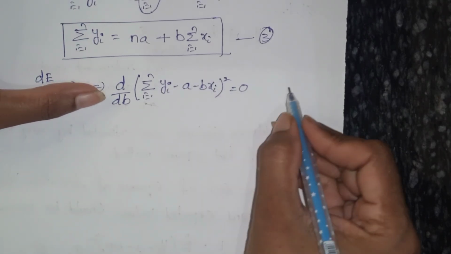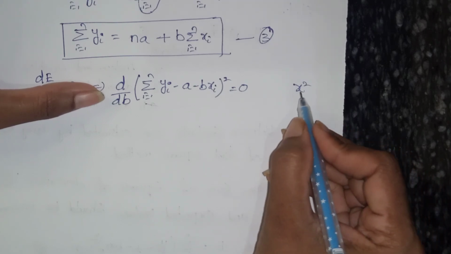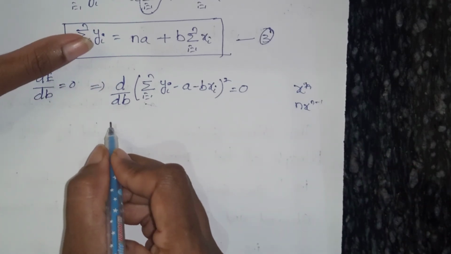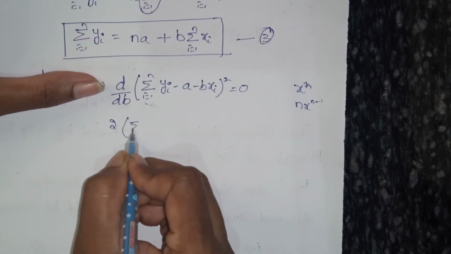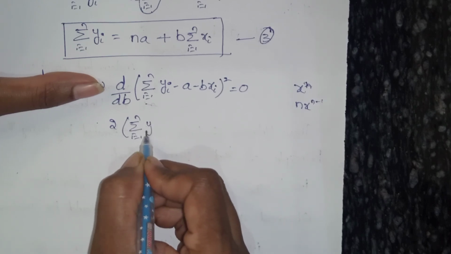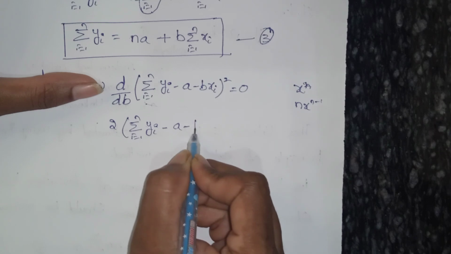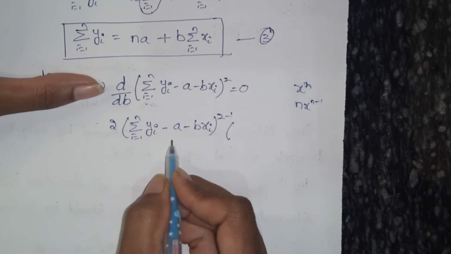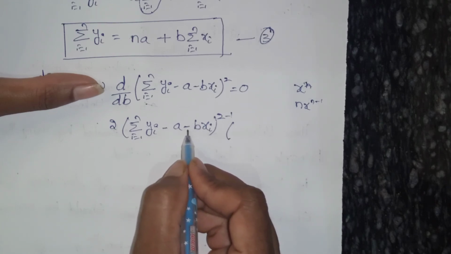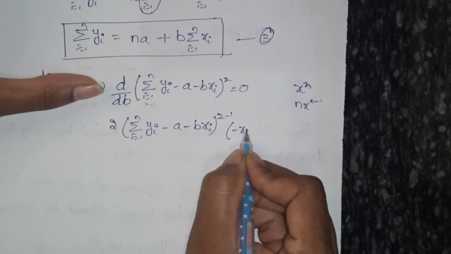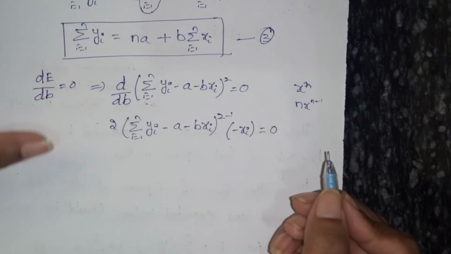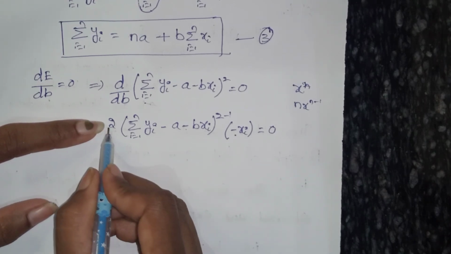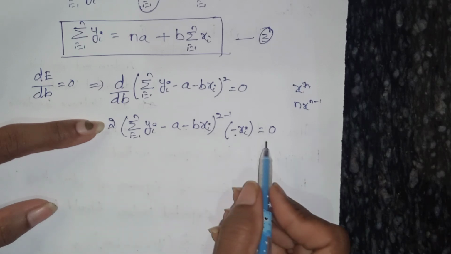This whole term is in the form of x power n, so the derivative is n into x power n minus 1. So 2 into summation i equals 1 to n (yi minus a minus b xi) to the power of 2 minus 1, into the coefficient of b, which is minus xi, equals 0. Now we only take this minus and this 2 from LHS to RHS.